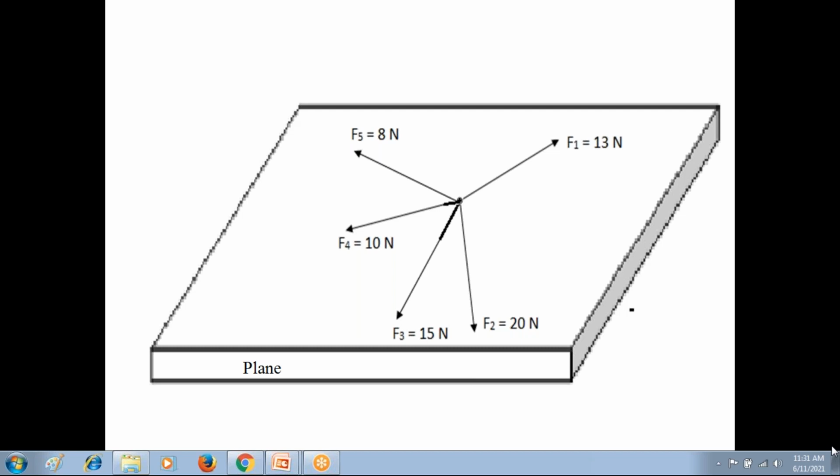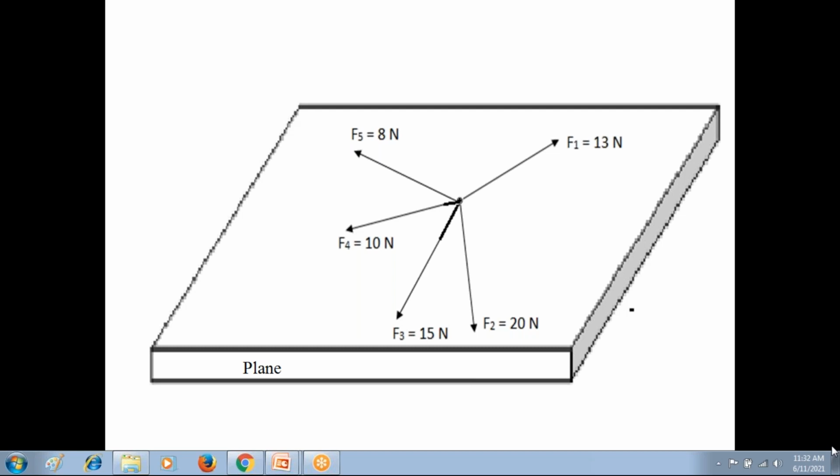How many characteristics of force? I am asking about the characteristics. Last class I discussed the definition of force.